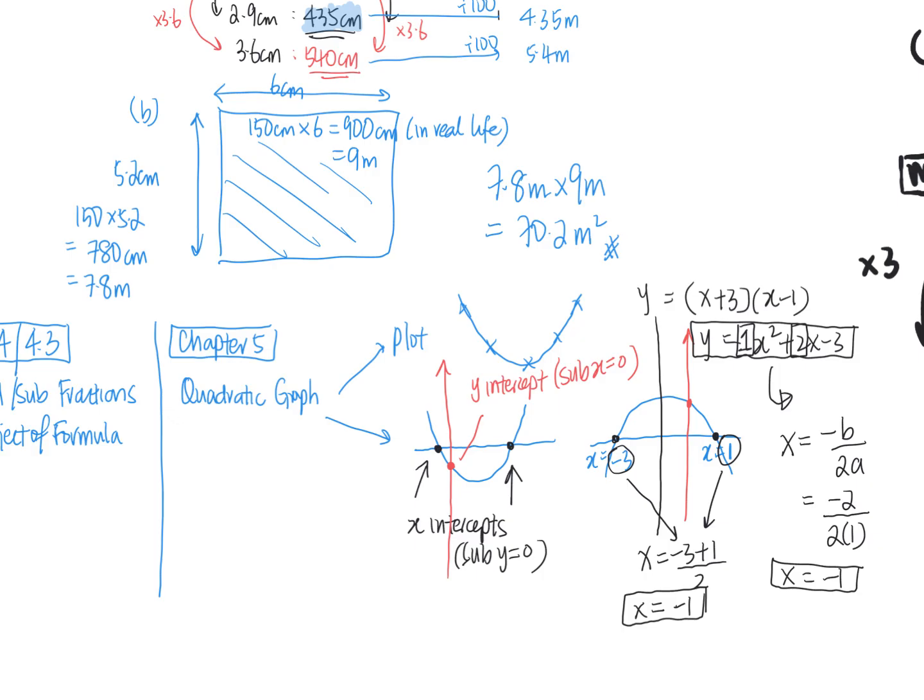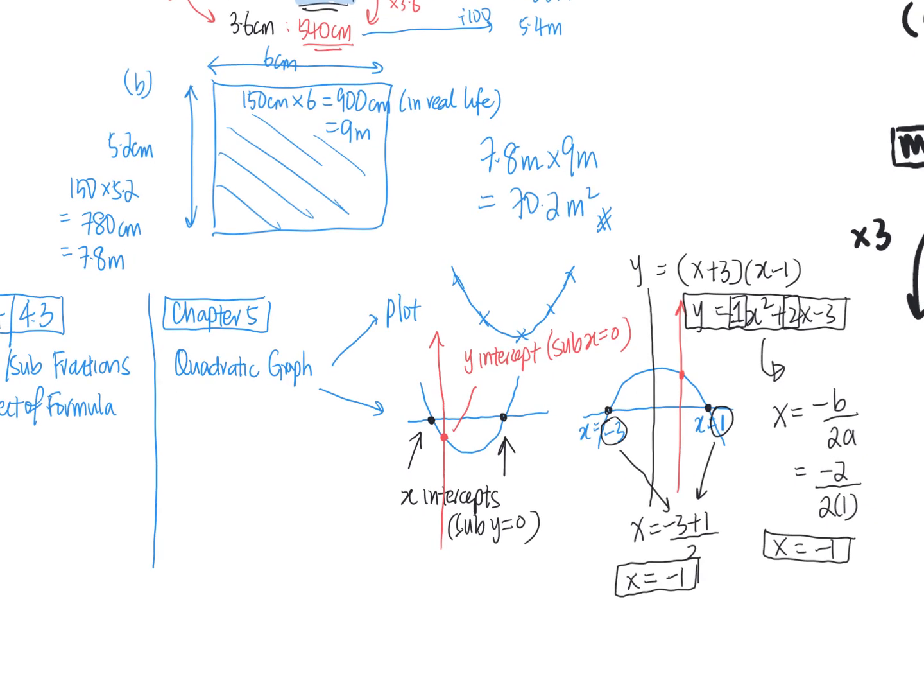If you are not tested on graph plotting, you will be tested where they give you the drawing and you read only. Okay? Then quadratic, other than that, they will give you questions like this. Something like that. Then they ask you to solve. Then you go and factorize, and then you solve. So this is another type.